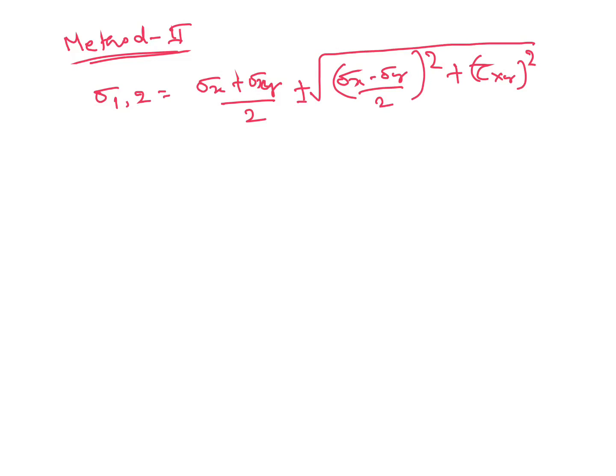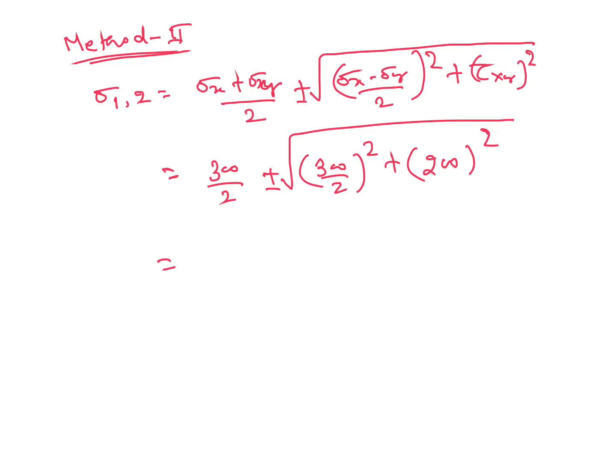So here only sigma x, 300 by 2 plus or minus root over 300 by 2 whole square plus shear stress 200 square. 150 plus or minus root of 150 square plus 200 square, already calculated, you will get 250.